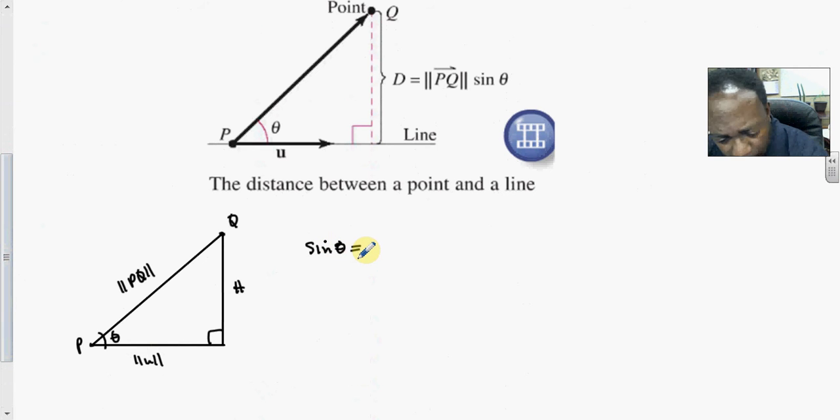sine theta is equal to the opposite over the hypotenuse, the norm of PQ. I need to illustrate this h in better detail. Here, this h, I'm looking for its length, so that's the norm.